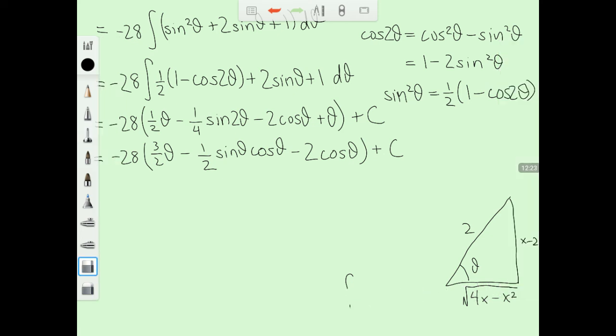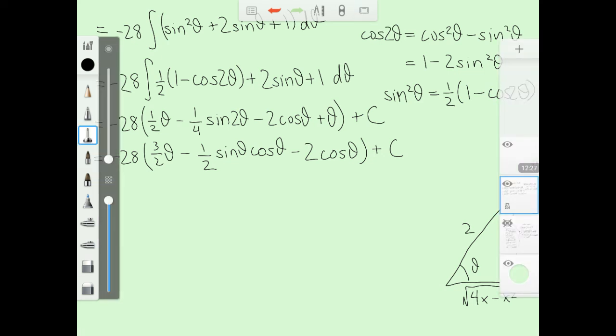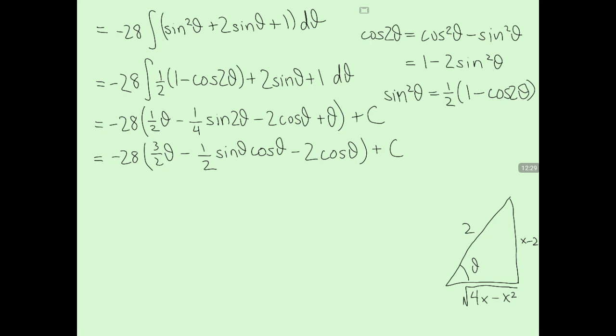So we don't need this anymore. So here we have our triangle. So what is theta? Well, theta can just be the arc sine of x minus 2 over 2. So we can simplify this by writing 3 over 2 arc sine x minus 2 over 2.